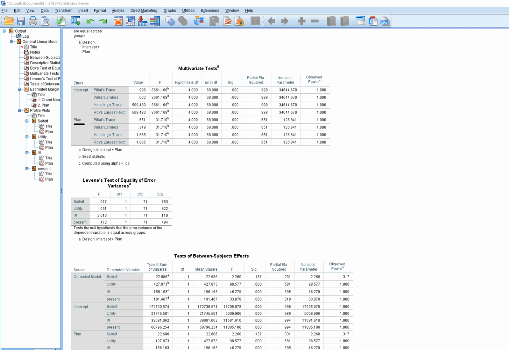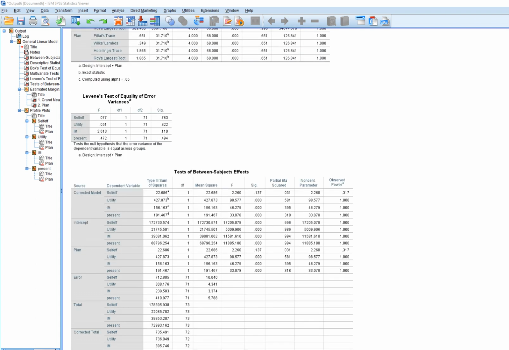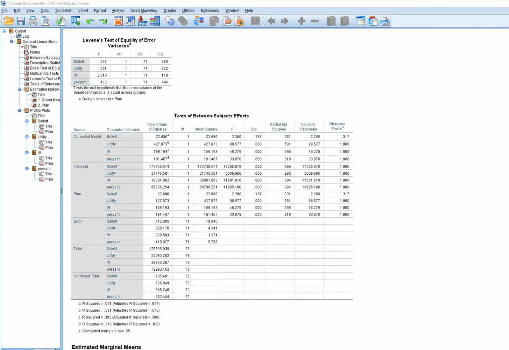There are various potential follow-up strategies available to you. One would be to carry out a series of univariate ANOVAs and test for mean differences on each dependent variable: plan, self-efficacy, utility, intrinsic motivation, and present orientation.